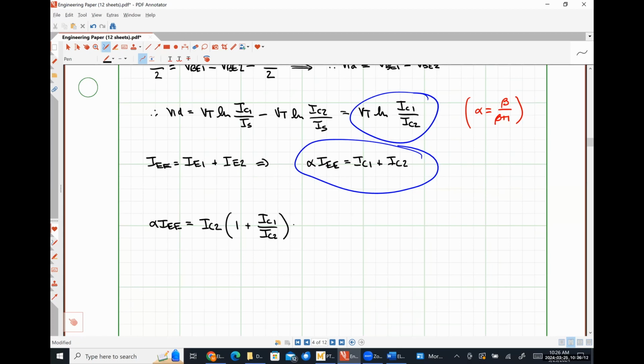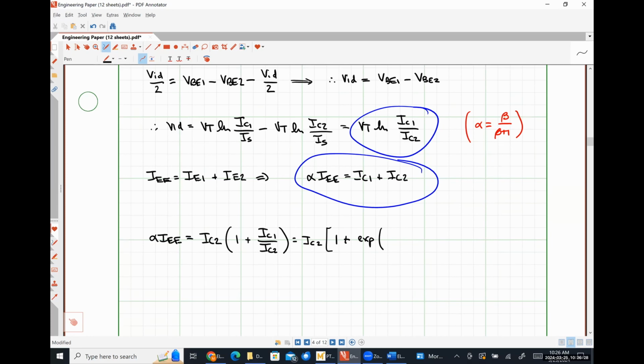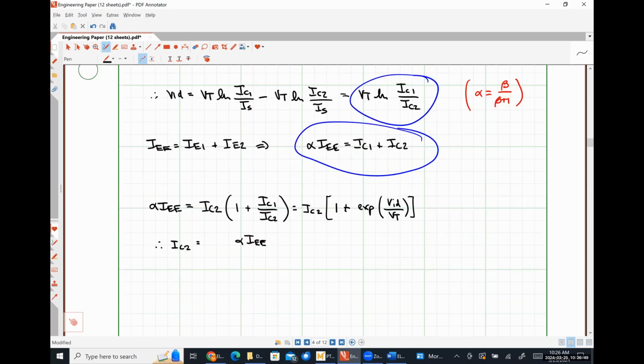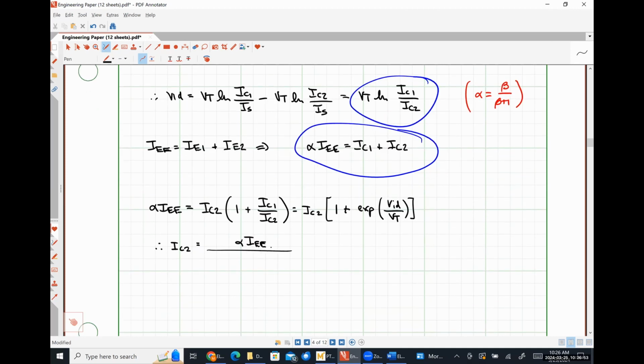And so that's going to look like IC2 times 1 plus the exponential of VID over VT, so that I can now say that IC2 is alpha IEE divided by 1 plus the exponential of VID over VT. Anybody got any problem with that?